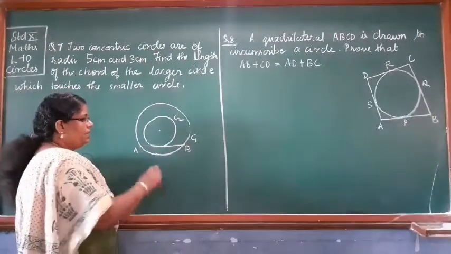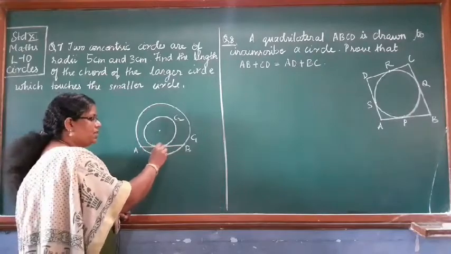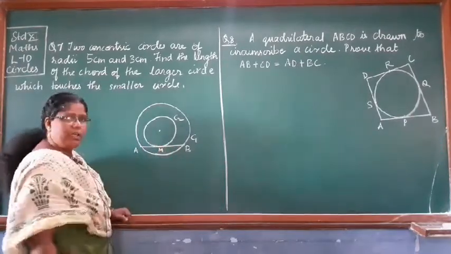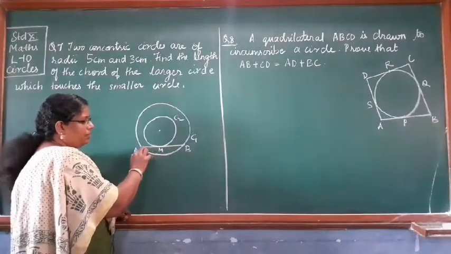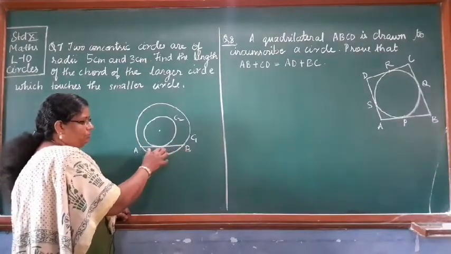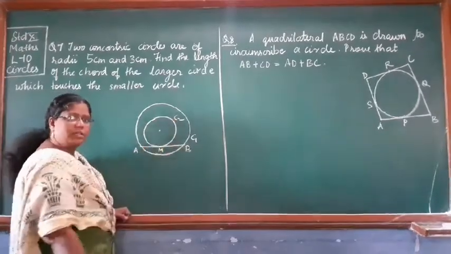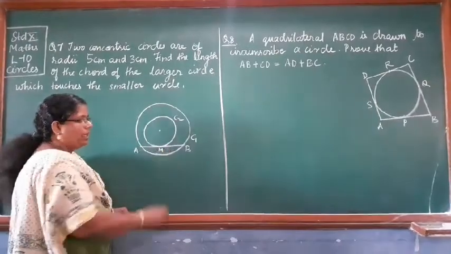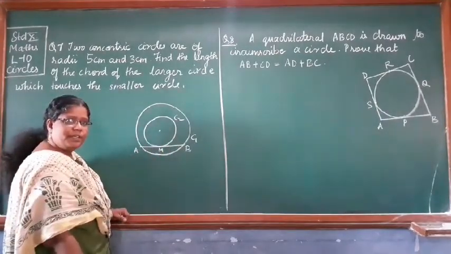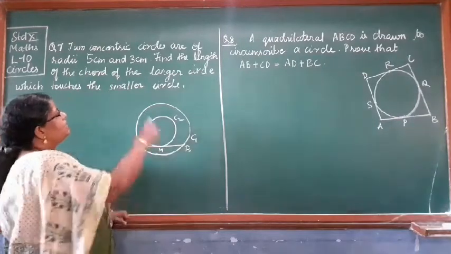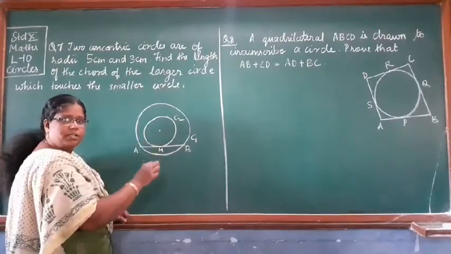The chord of the larger circle touches the smaller circle at some point, say M. So here M is the point of contact of the line AB with the circle. So AB will be the tangent to the smaller circle, isn't it?